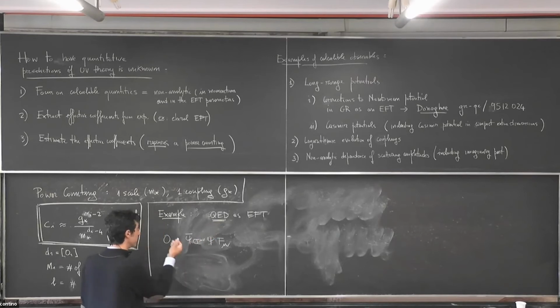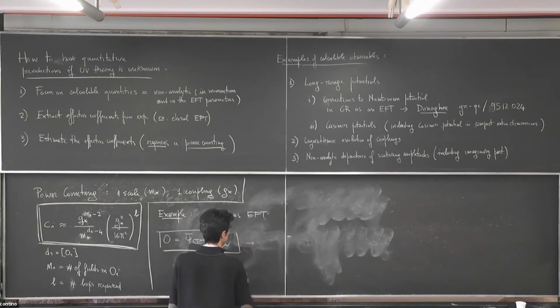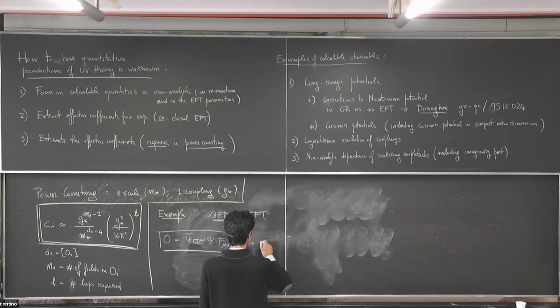For example, it could also be the muon. So this will give a correction to g minus 2.